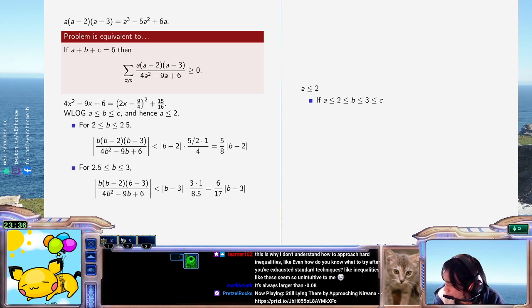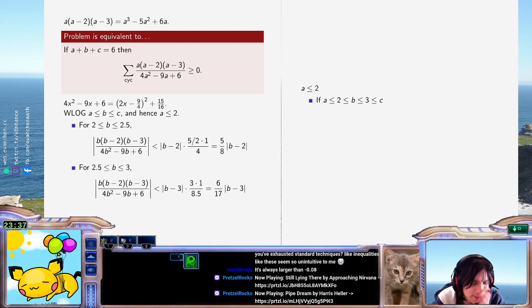Maybe I don't even care about A. But if B is close to 2, then C is at least something. Well, if B is close to 2... This is very sad.